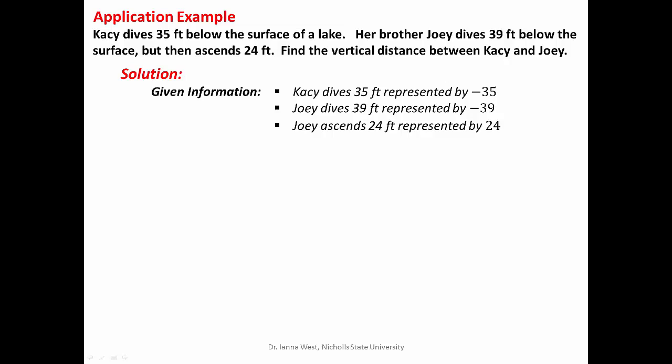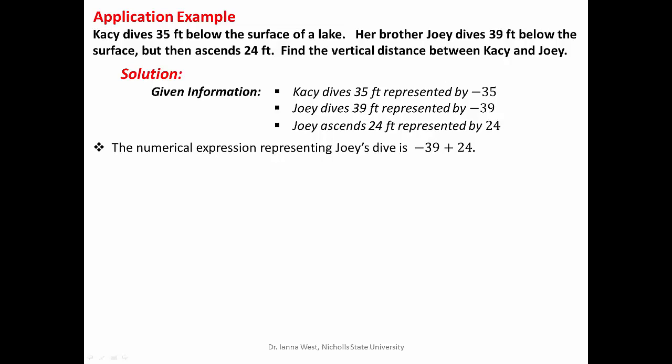Note that since Joey first dives 39 feet and then ascends 24 feet, the numerical expression representing Joey's dive is negative 39 plus 24, and we are given that Casey's dive is represented by negative 35.